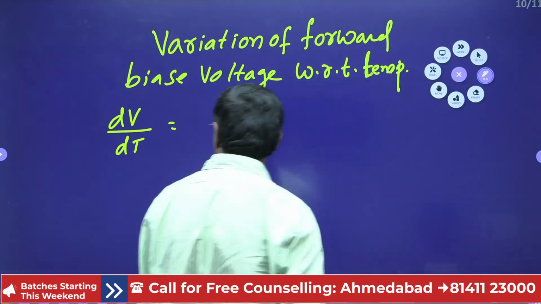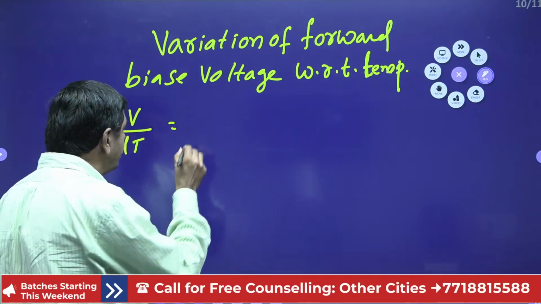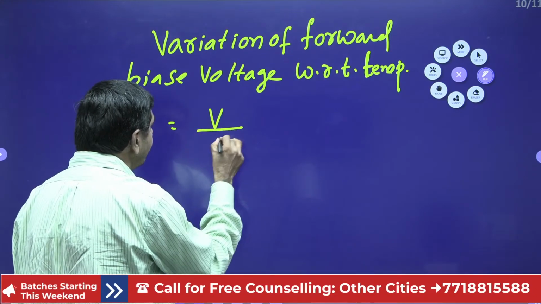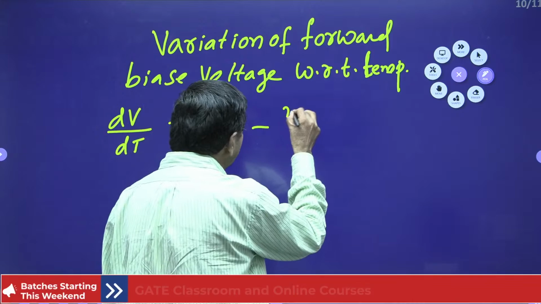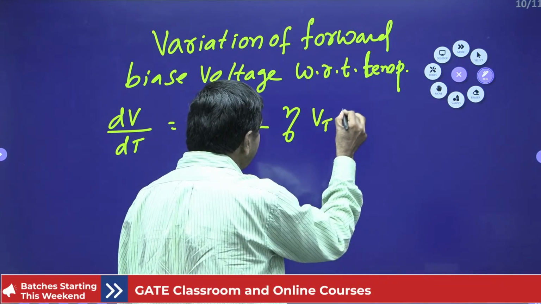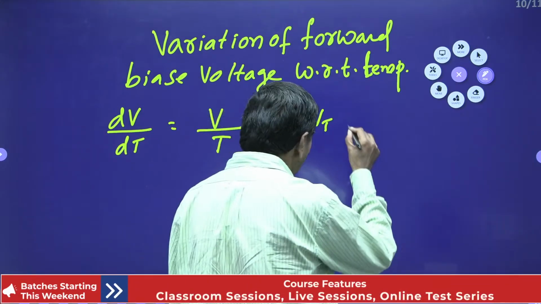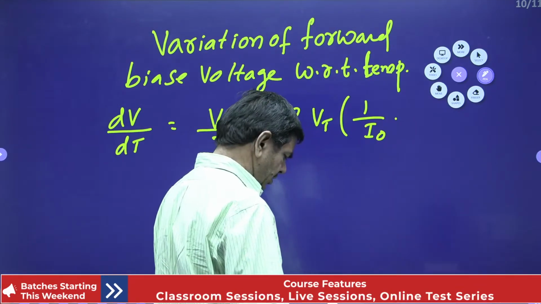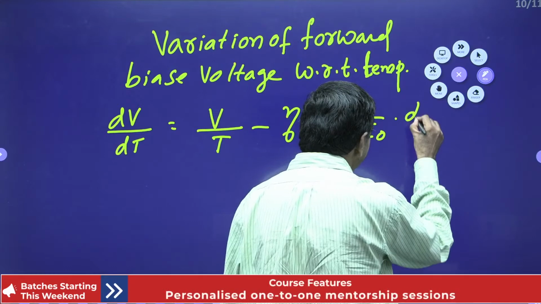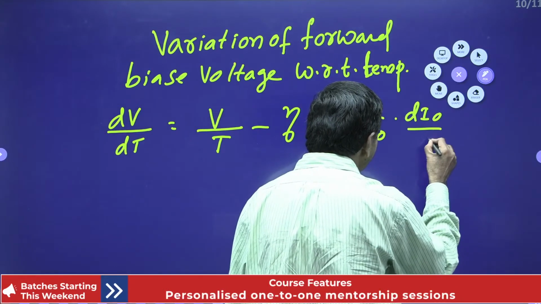If you want the formula, I can give it now. They will apply dV by dT equals minus eta into thermal voltage, into 1 by I naught, into dI naught by dT.